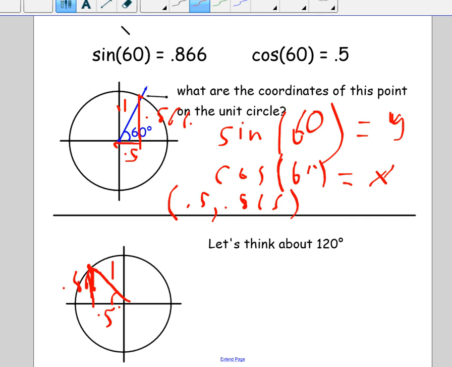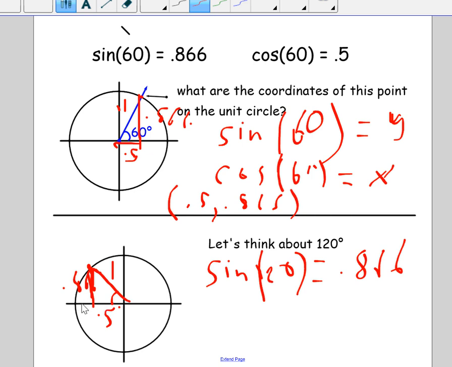But now we are in the second quadrant of our graph, where the y values are positive. So sine of 120 degrees gave us positive 0.866.